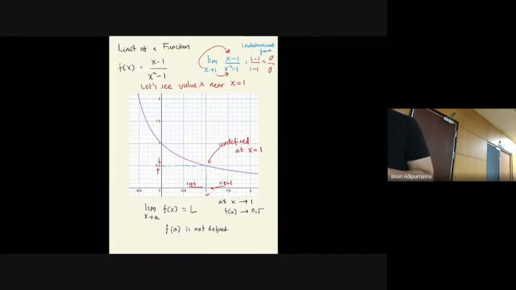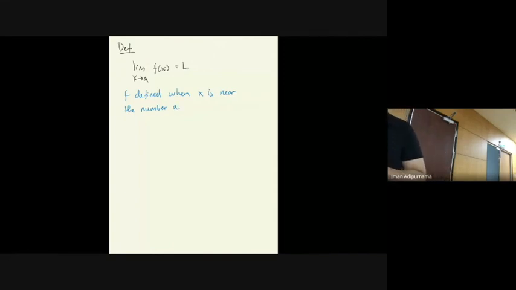Okay, let me write in new notes to make it clearer. I will write the same thing. So definition of limit: f is defined when x is near the number a, at some open interval, except maybe at a itself.